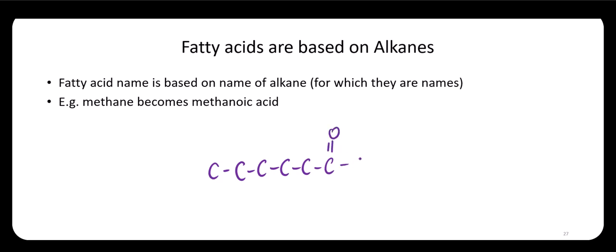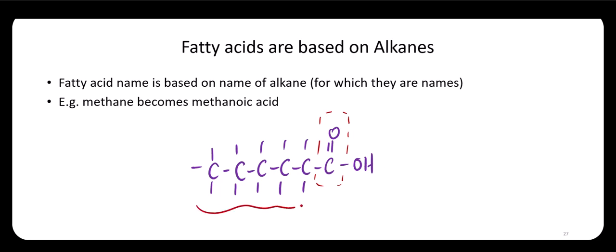Of course, my last one is COOH, my carboxylic acid. That double bond doesn't count. So when I say I have no double bonds here, that one doesn't count. It's part of the carboxylic acid. I have no double bonds in the main part of the chain.